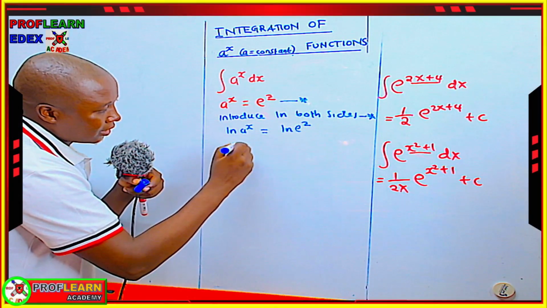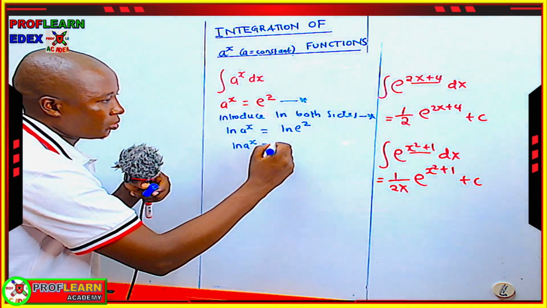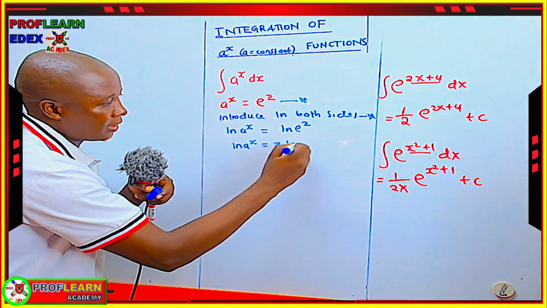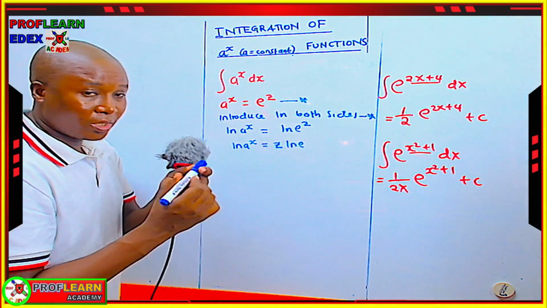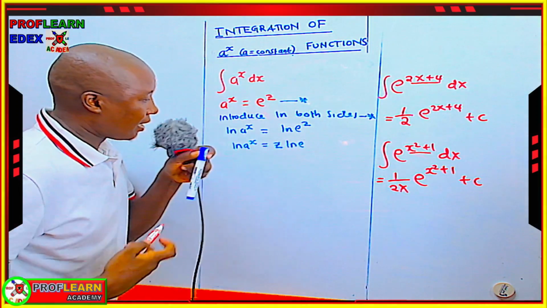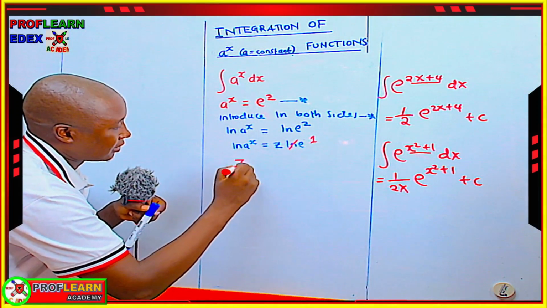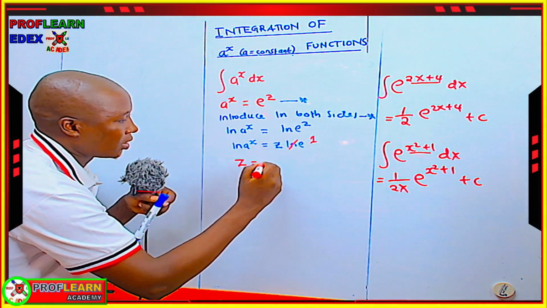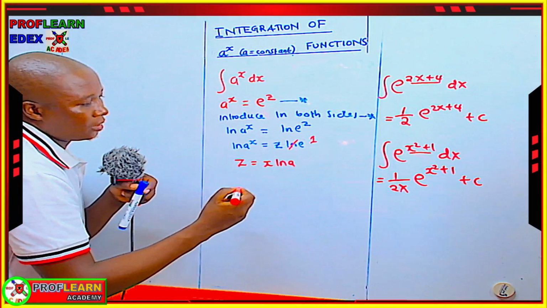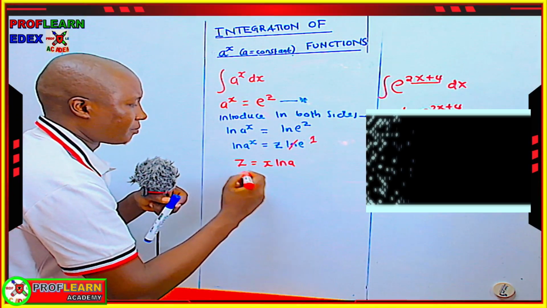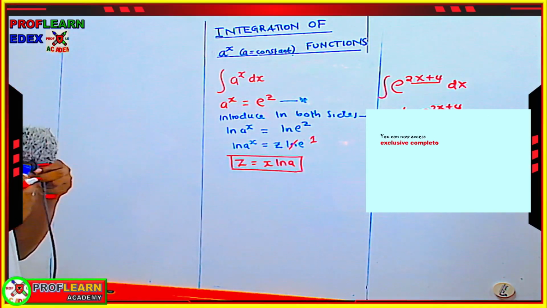Then we say ln a^x equals z ln e. And we know that ln e is actually 1. So z is equal to x ln a, as the value of z.